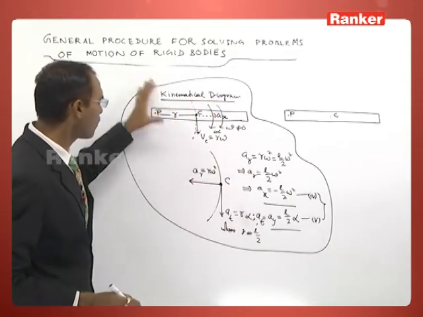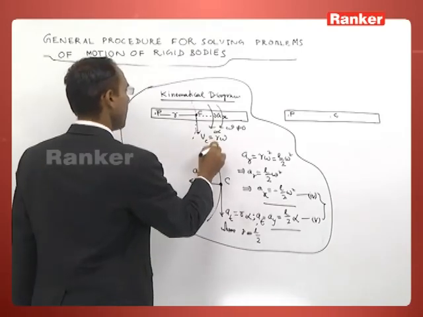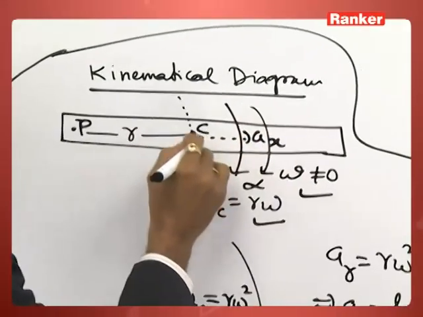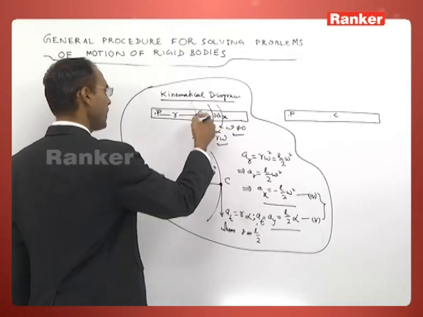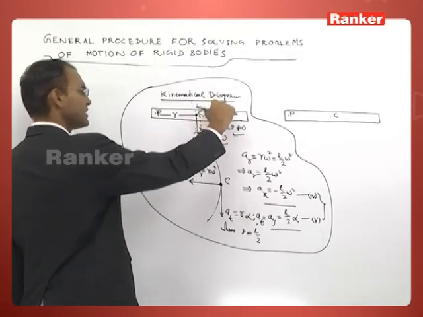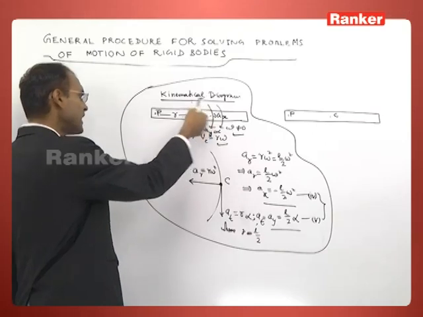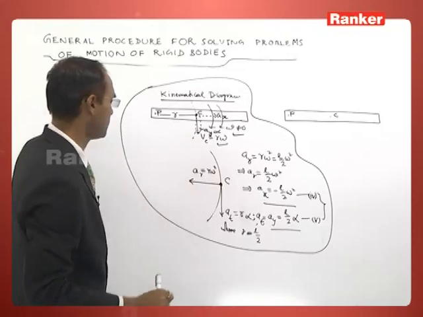Here we have not shown any forces or the torques. We have shown the velocities and accelerations x and ay. We have assumed, but actually x is negative because this point C is accelerating towards the center of the circular path in negative x direction at this instant.